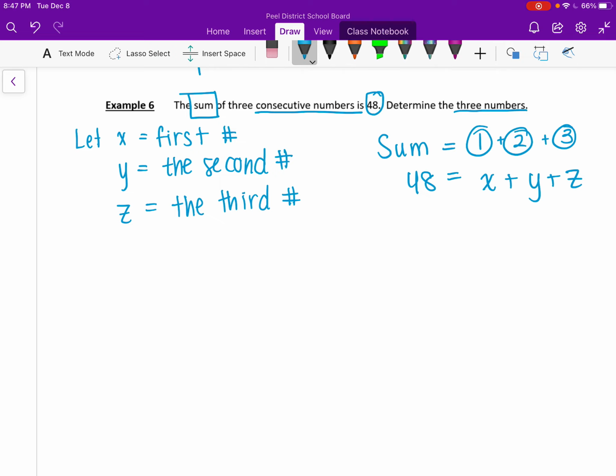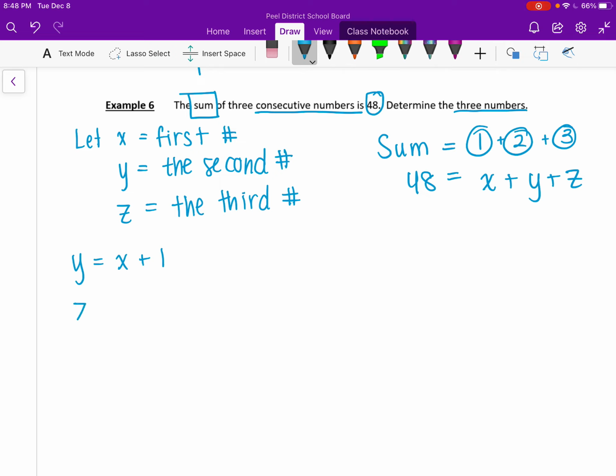That's too many terms that we have there. We can't solve them. What I know is that they're consecutive numbers, which means that if it was like 1, I would have 1 plus 1, which is 2, and then 1 plus 1 plus 1, which is 3, right? 1, 2, 3. So that means that y has to be x plus 1, because the number after that is just plus 1.